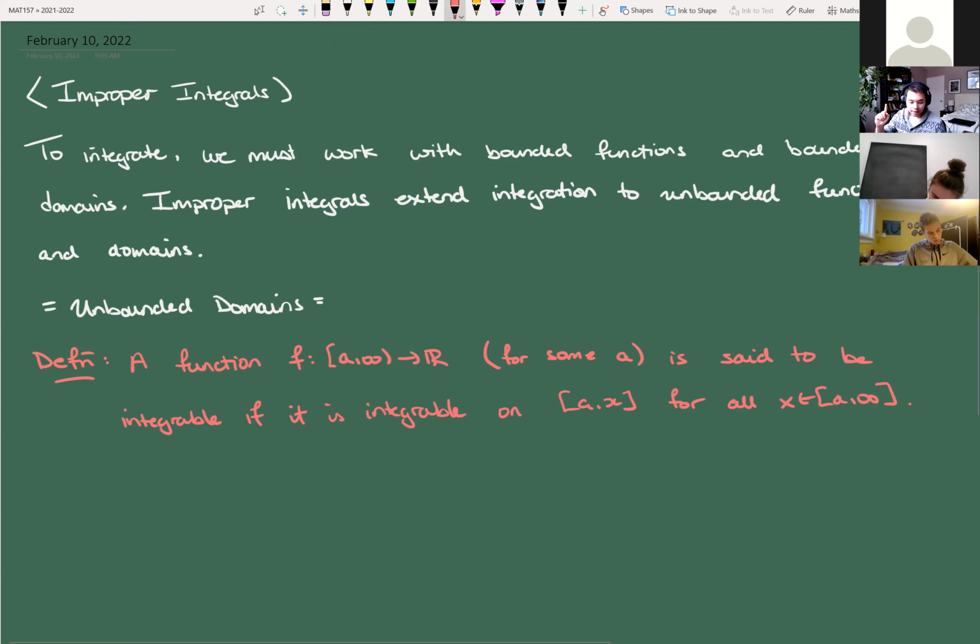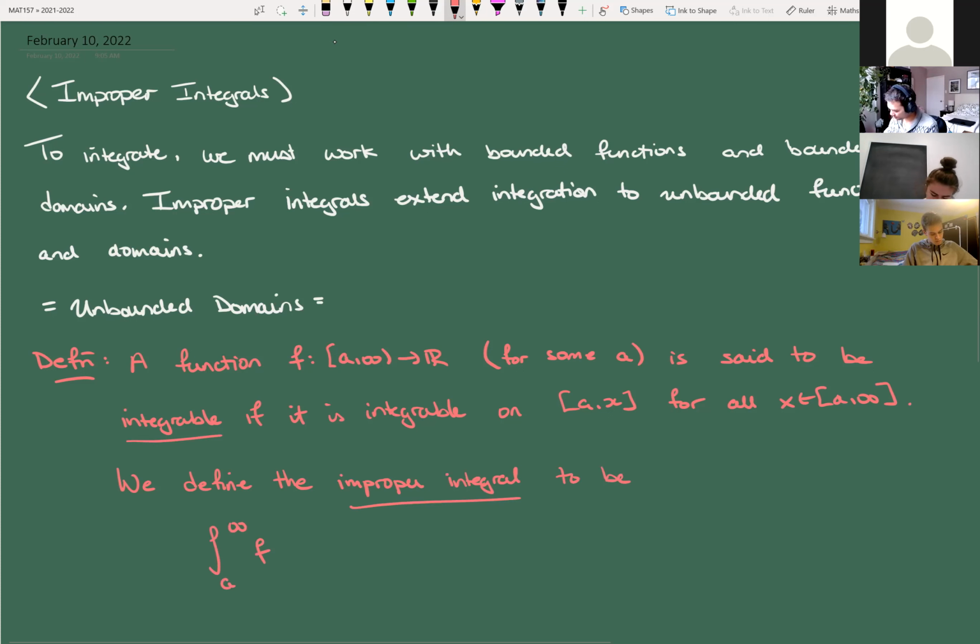Okay. Then we define the improper integral to be this thing. This is going to be the integral from a to infinity of f.